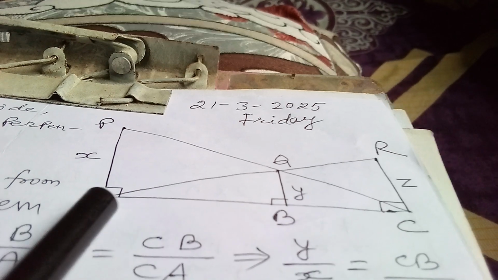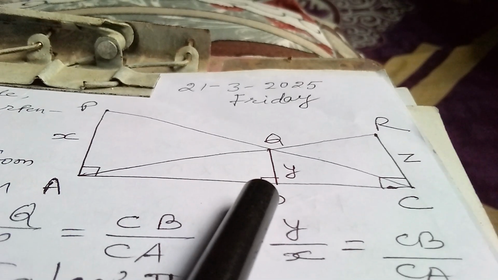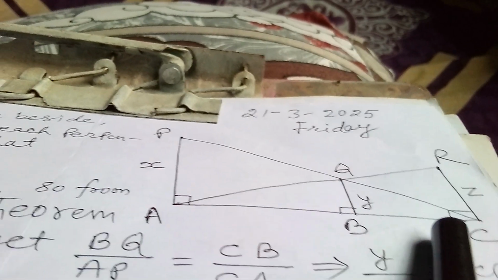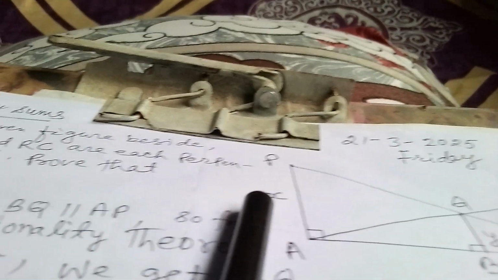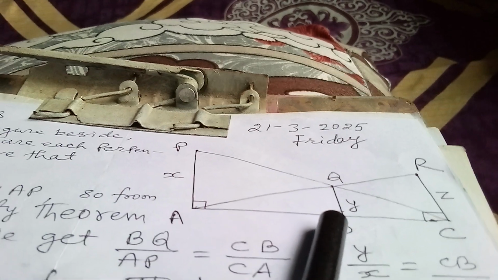And so you find that angle A is 90 degrees, angle B is 90 degrees, angle C is 90 degrees. And then we have to prove that 1 by x plus 1 by z equals 1 by y.